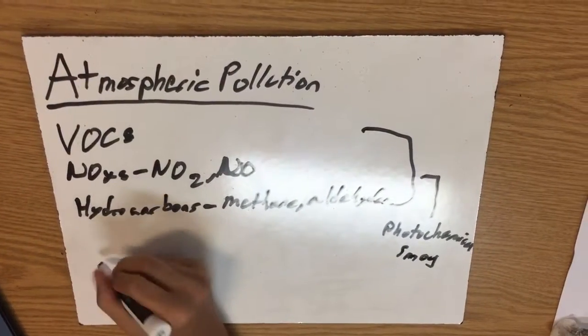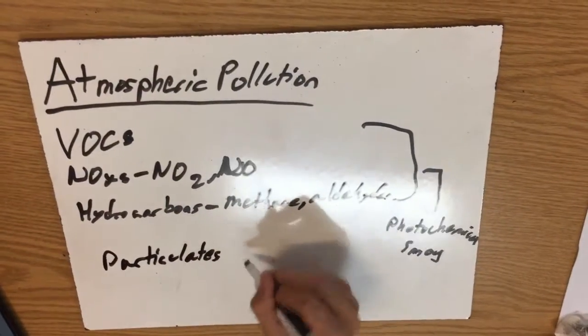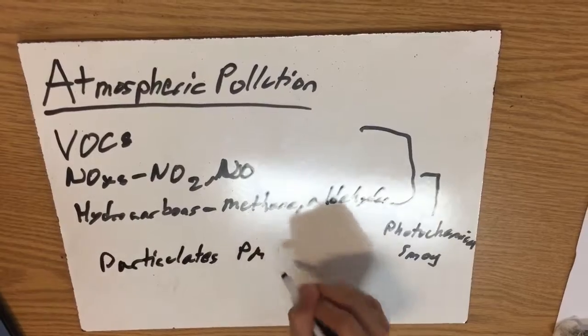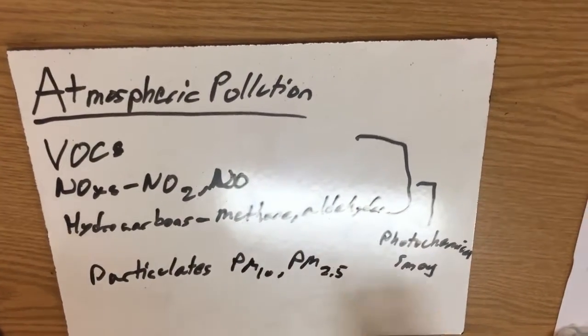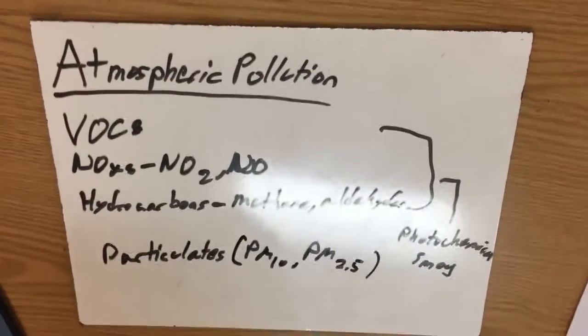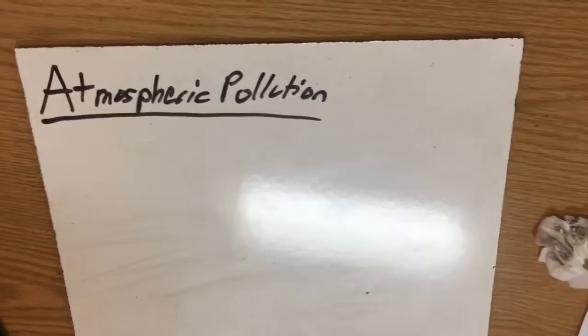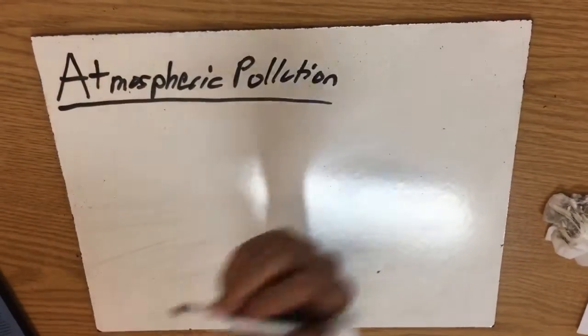And we have particulates. They come in PM10 and PM2.5. You probably don't need to know this specifically, but these just stand for what size the particulates are. Next we will talk about some pollutants from combustion.